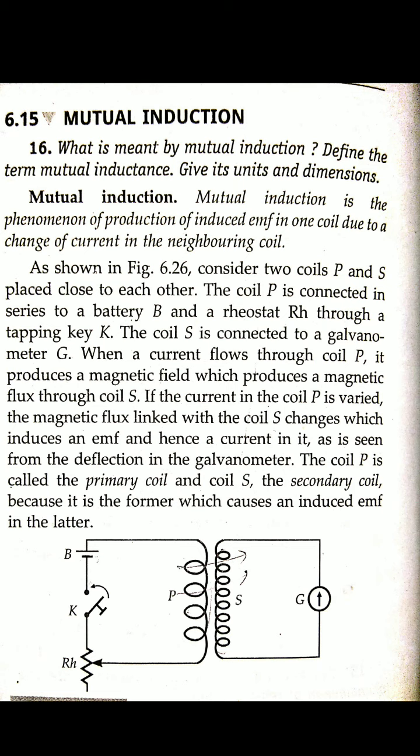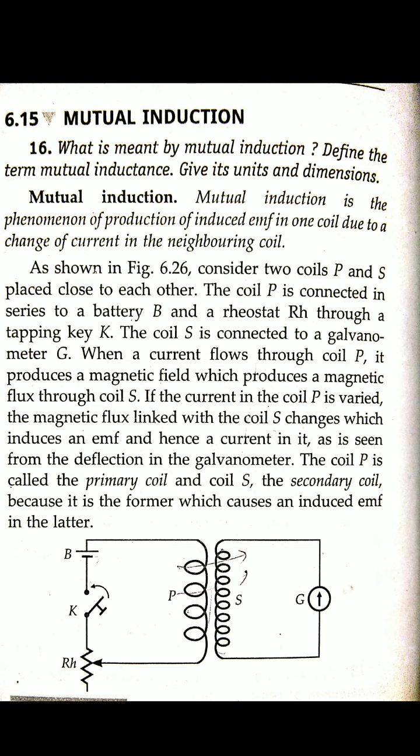So the magnetic flux linked with the coil P changes, and the EMF is induced in the secondary coil. So mutual induction is the phenomenon of production of induced EMF in one coil due to the change of current in the neighboring coil.